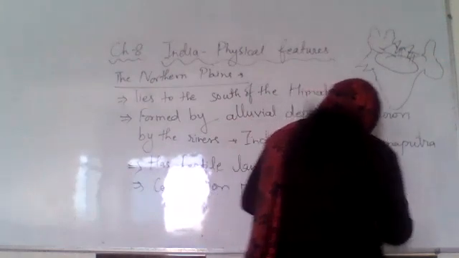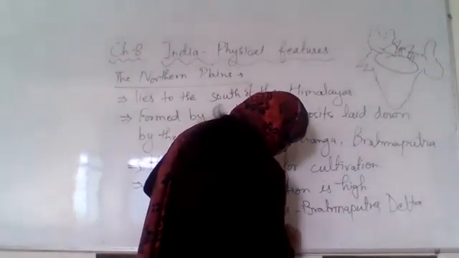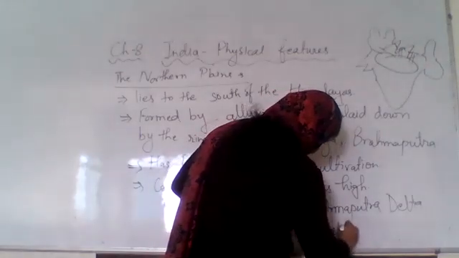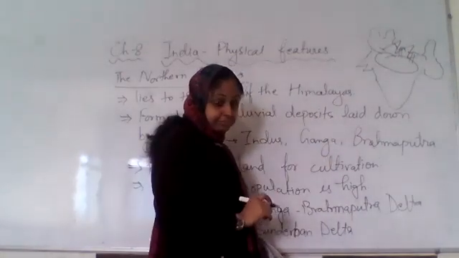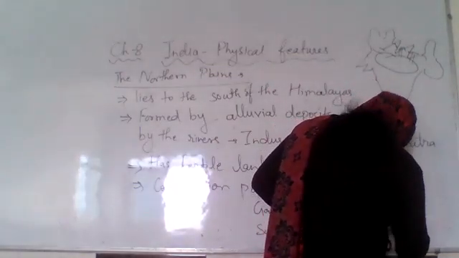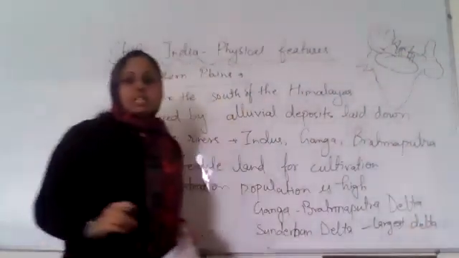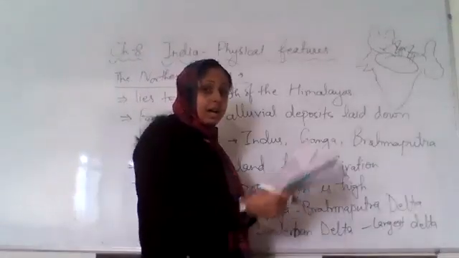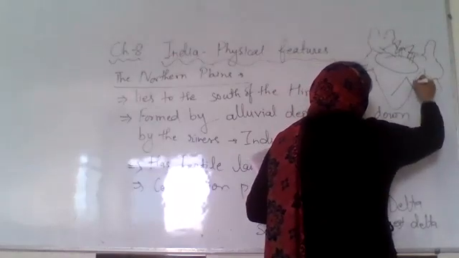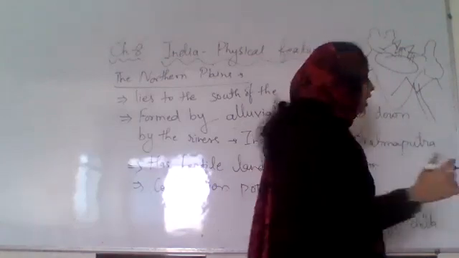Now the Brahmaputra delta, which is also called Sundarban delta, is the largest delta in the world. What is delta? When a river flows from the mountain, it comes down from the mountain into the plain area.